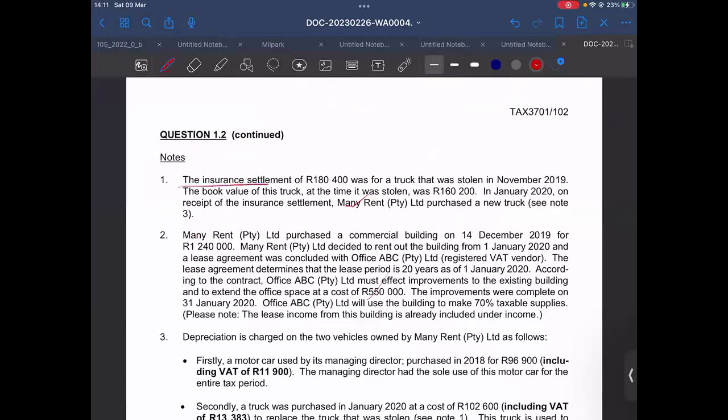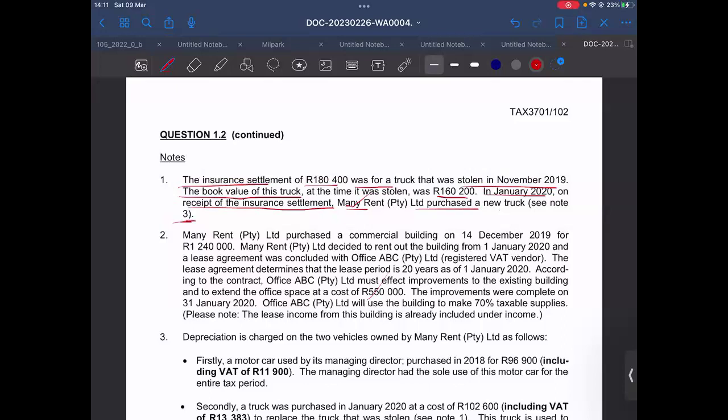The insurance settlement of 184,000 was for a truck that was stolen in November 2019. The book value of this truck at the time it was stolen was 160,200. In January 2020, on receipt of the insurance settlement, the company purchased a new truck, see note number 3.